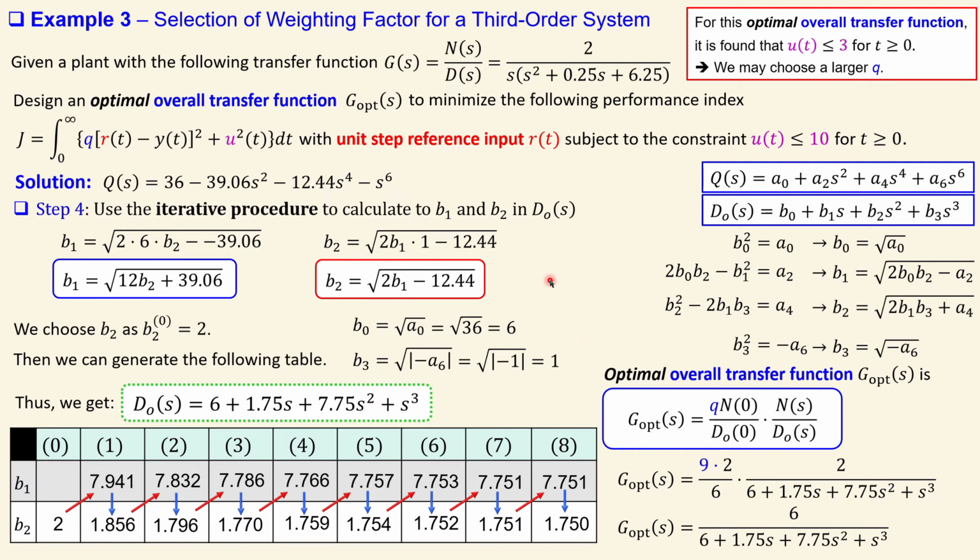That is one of the ways to do that, and that produces a 3 as a maximum value, and that means I'm way below that 10, so I can go up with the Q. Maybe I can make it 10 or maybe 15, but at some point it will, of course, have a problem with this constraint of U.